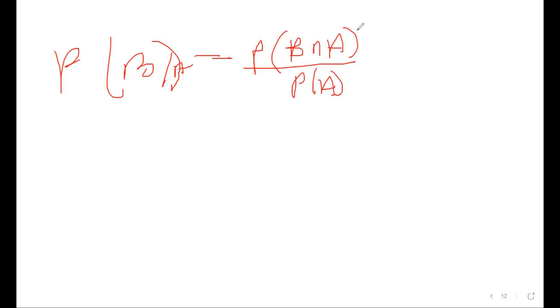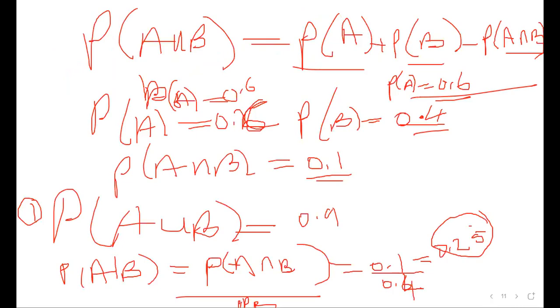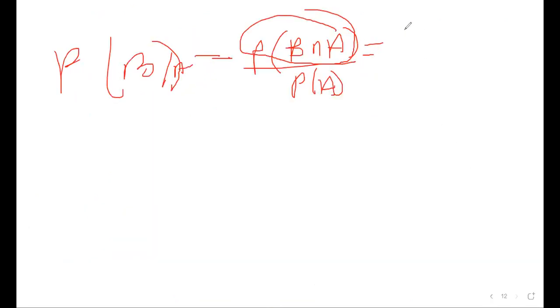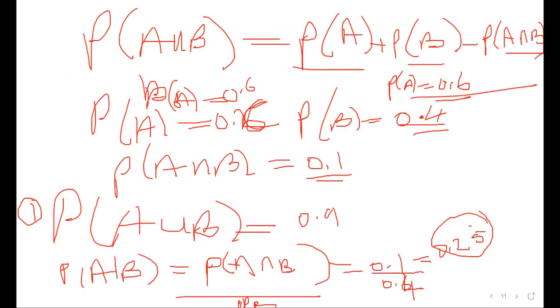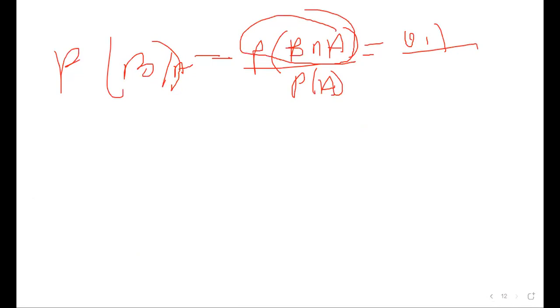The probability of A intersection B is the same as the probability of B intersection A. In the numerator here, it's one and the same thing. So we are going to have 0.1 over the probability of A, 0.6.